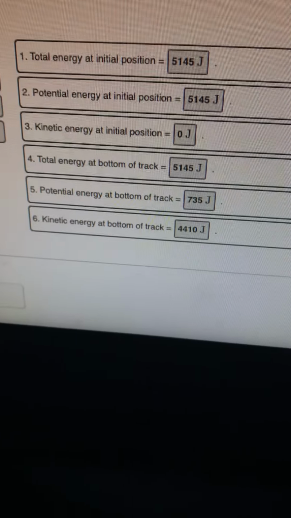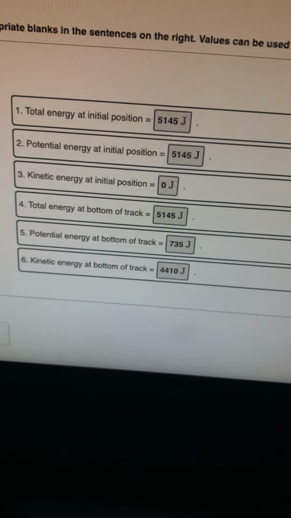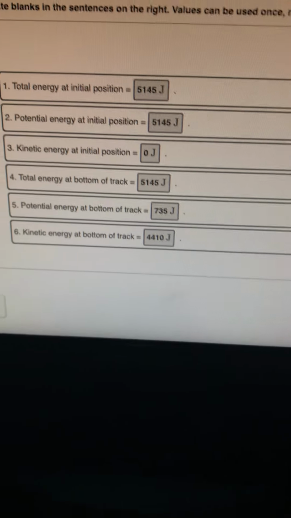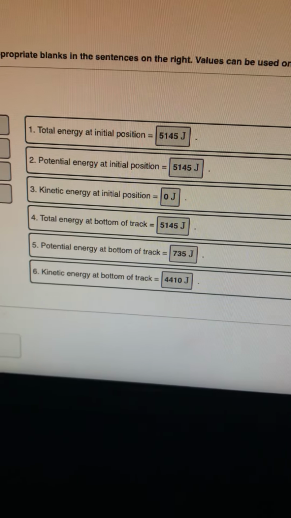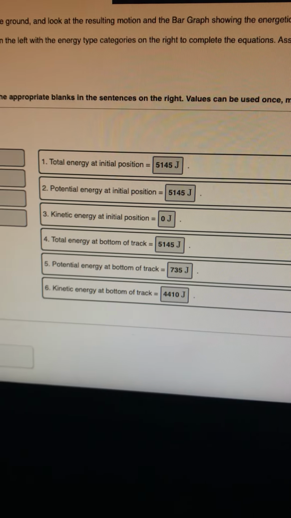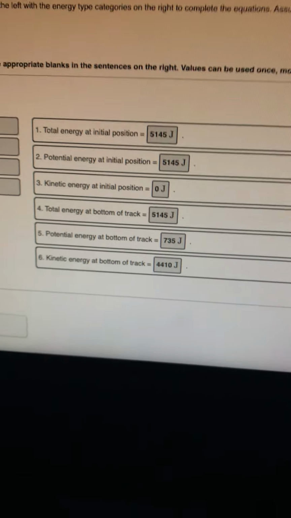Let's see. Did I answer all the questions? Let me go through here real quick. So we got kinetic energy at bottom of track, potential at bottom of track, total energy at bottom of track. Well, total energy is constant no matter what. So total energy at top and bottom is always the same. Okay. And kinetic at initial is always 0. Okay. So we understand that. Okay.